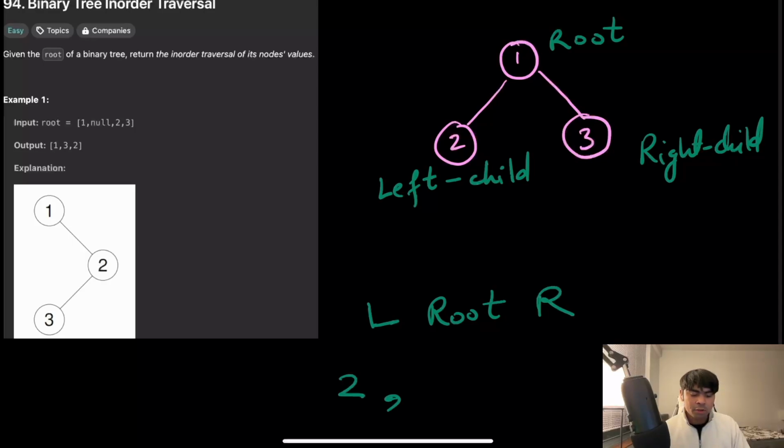Then it wants to process the right child, but it doesn't have any, so it will go back to where it was called before. That's how things are done, right? So it goes to root, which is 1, it prints 1, and then it goes to the right child, which is 3, and because it doesn't have any children, it's going to print this as well.